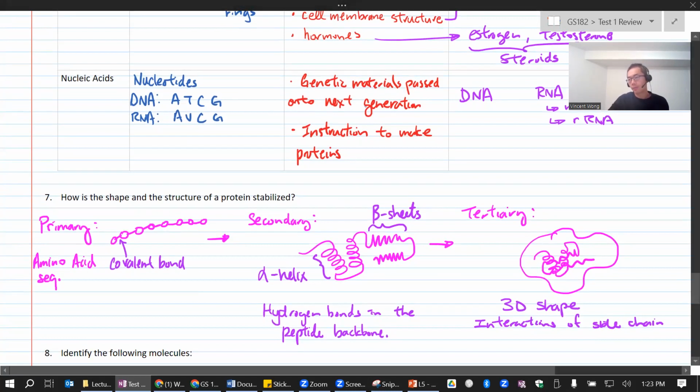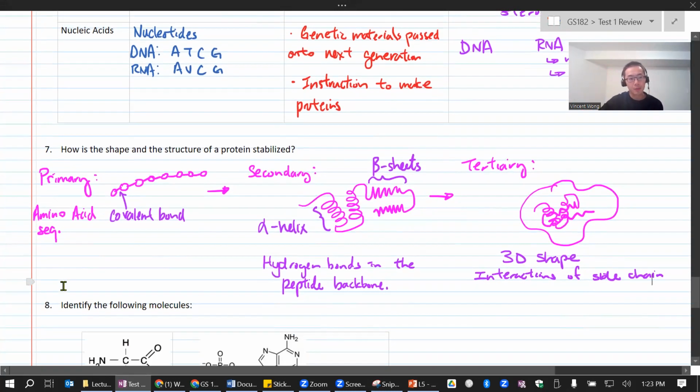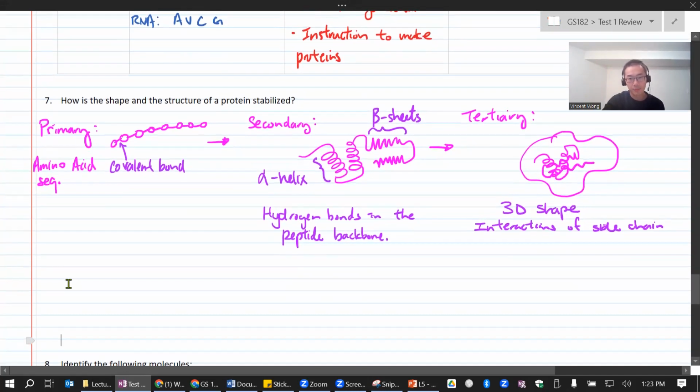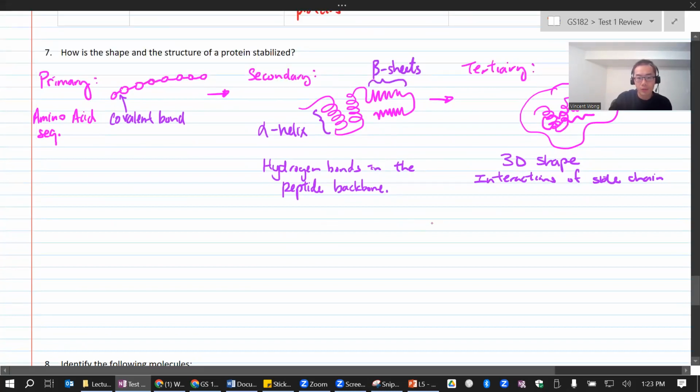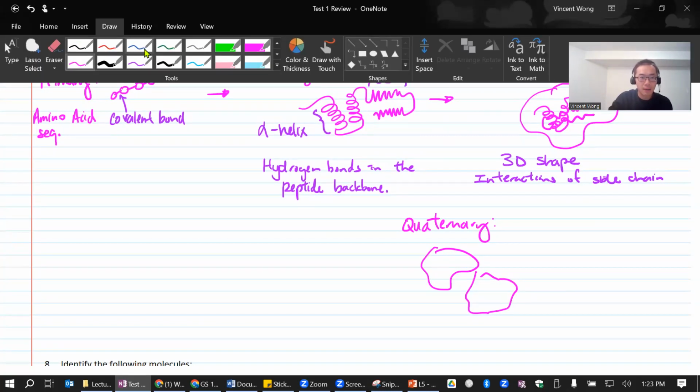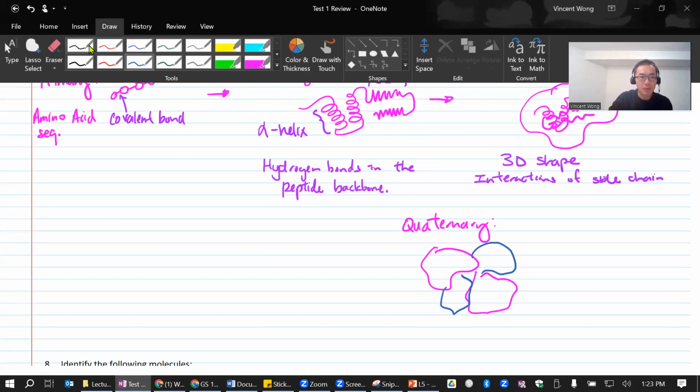Now I'm running out of space here, but quaternary, which exists for some proteins, not all of them, it's when you have multiple peptides coming together. Right. Let's write that down as well. So for the quaternary structure, it's like, maybe two pink proteins come together, and then we have two blue ones come together, and it forms a complex, right?